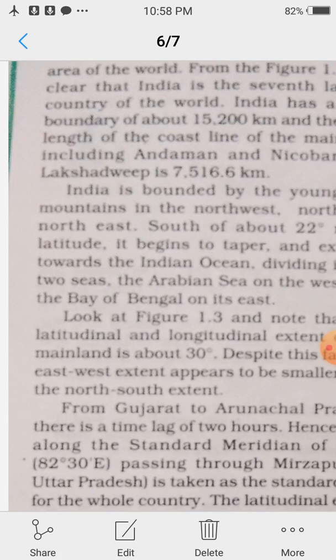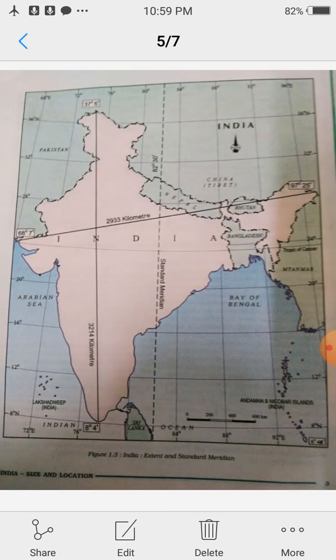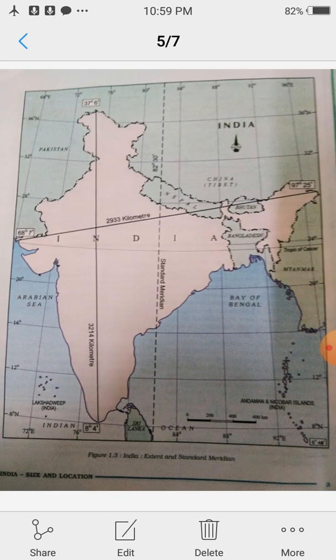Note that the latitudinal and longitudinal extent of the mainland is about 30°. Latitude means horizontal lines and longitude means vertical lines. That is shown on page number 3, Figure 1.3, where the boundaries are shown, and the latitudinal and longitudinal extent of the mainland is about 30°.